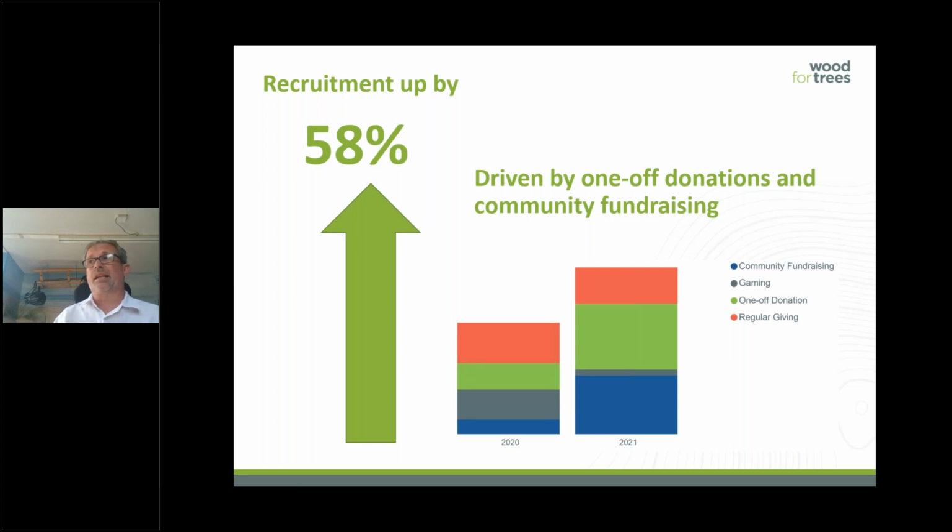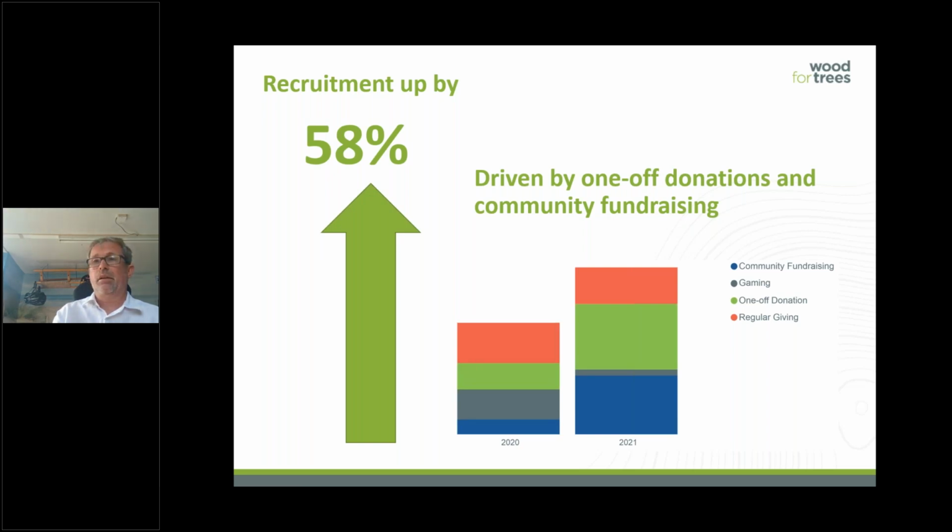And both these are extensions of trends that we saw in 2020. The community fundraising one is interesting. We're seeing a lot of supporters come in. As you saw previously, that's not necessarily coming through in terms of income, and that's something that I'll look at a little bit later.